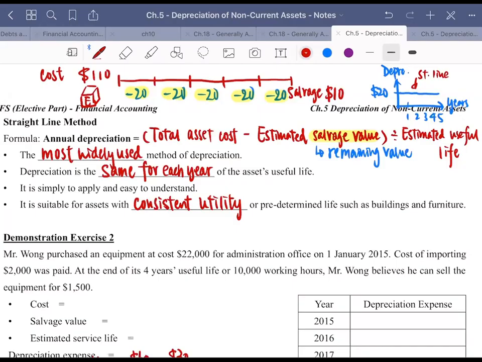The quality would not change significantly. Therefore, we can evenly distribute the depreciation throughout maybe 10 years or even 20 years. So these are some of the examples where we are going to apply the straight line method.